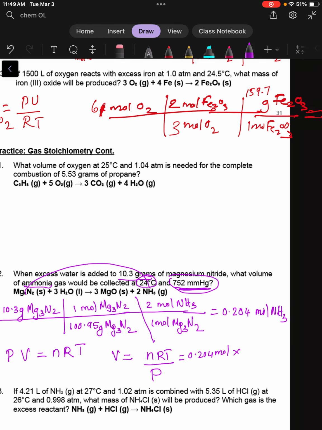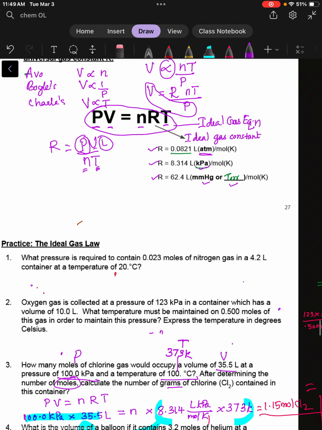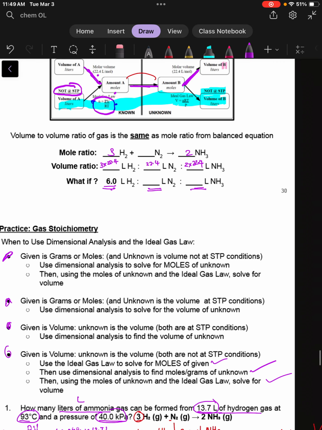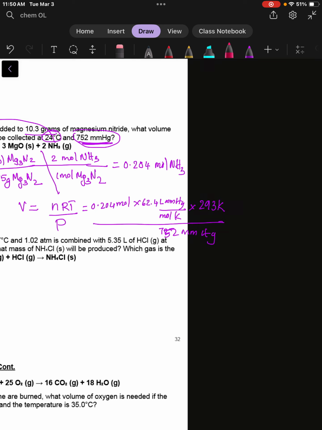For the R value, look at the pressure: it is in millimeters of mercury, so you have to pick the value in millimeters of mercury, which is 62.4 L·mmHg per mole K. Temperature is 24 degrees Celsius, add 273, which is 297 Kelvin, then divided by pressure, 752 millimeters of mercury.